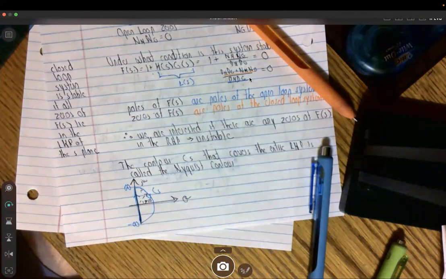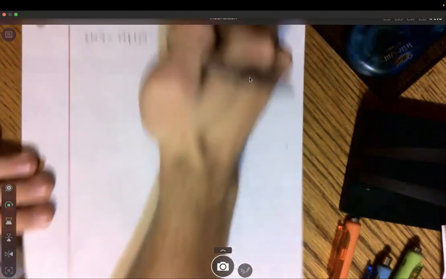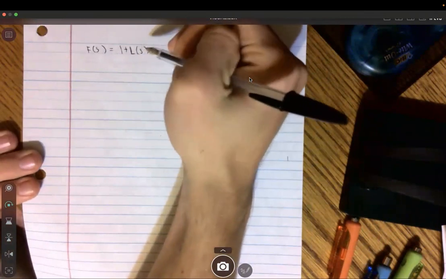So now that we know that, what we're going to have to determine is, when we do this analysis, we often have our f of s, remember, was defined as 1 plus L of s, because it's 1 plus g of s times h of s, which is just L of s.